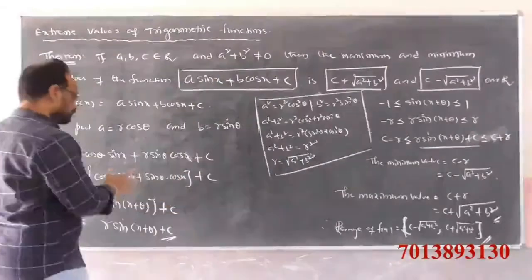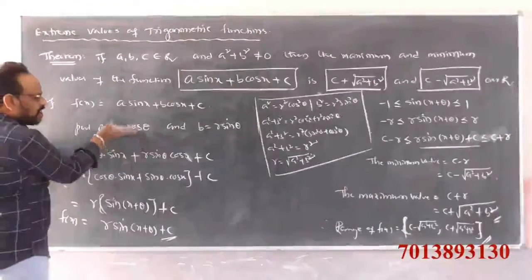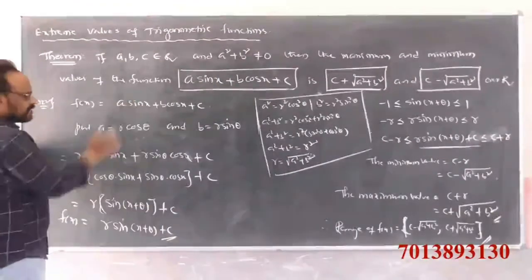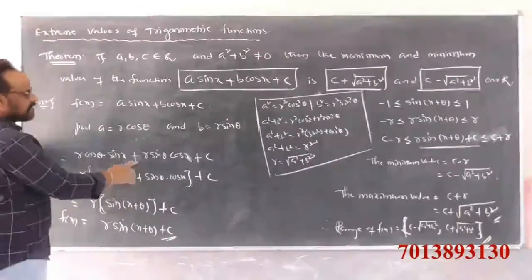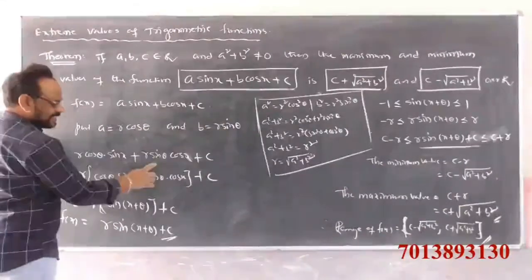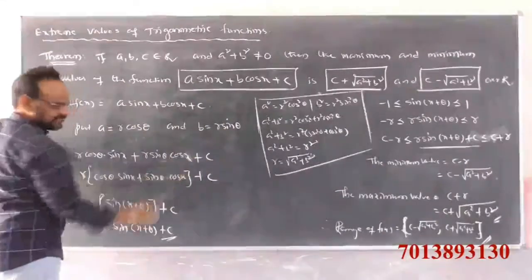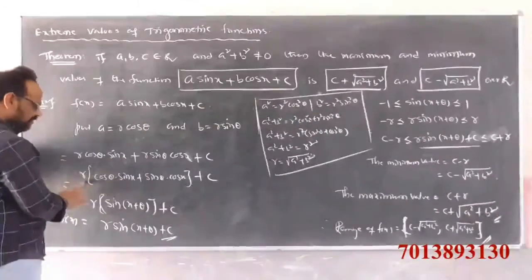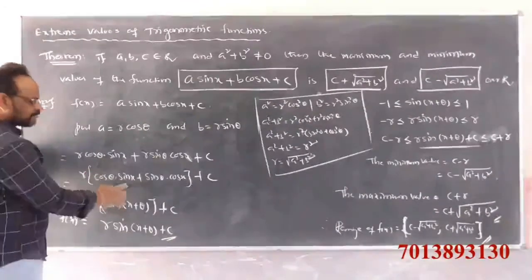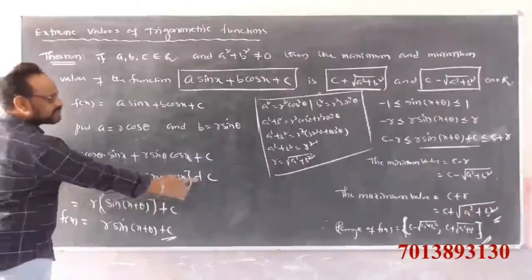Yes, observe here. Put a is equal to r cos theta in this function. The a value is clearly r cos theta, and the b value is clearly r sin theta, into cos x plus c. This is the function. If we take r as common here, we get cos theta into sin x plus sin theta into cos x, plus c.